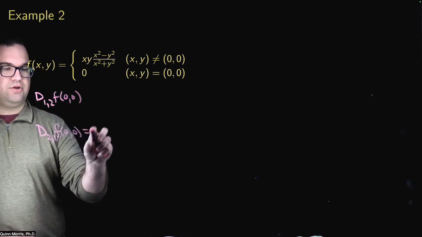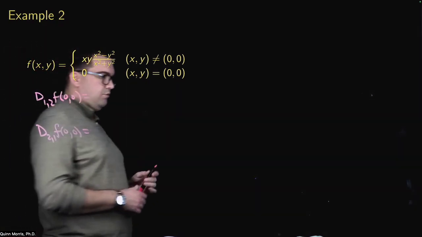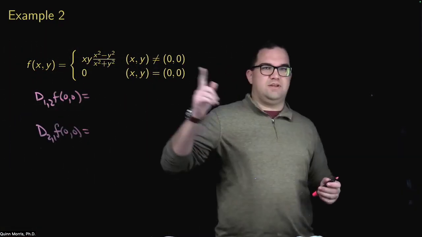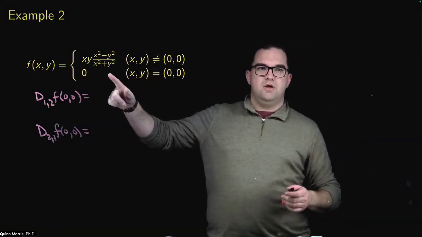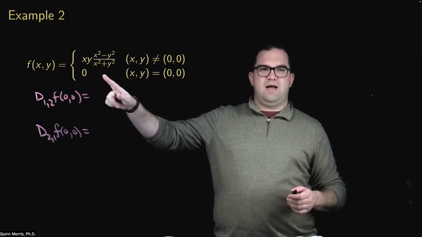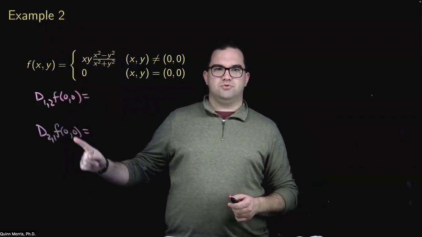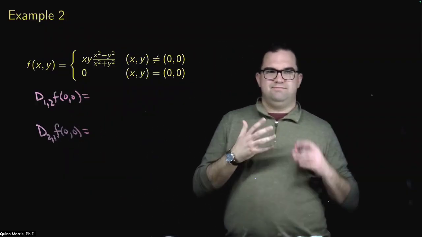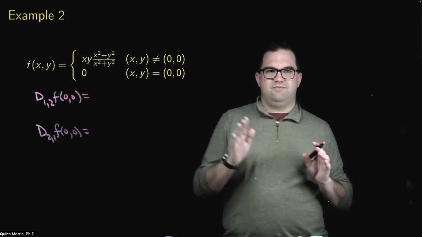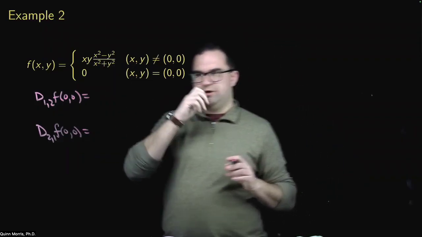Now I'm choosing to take a particular point because I can't just start differentiating things here because this is a piecewise defined expression. And if I want to know the value of these mixed partials at 0, 0, I've got to pause for a second and figure out what that even means. I can't just start taking derivatives.